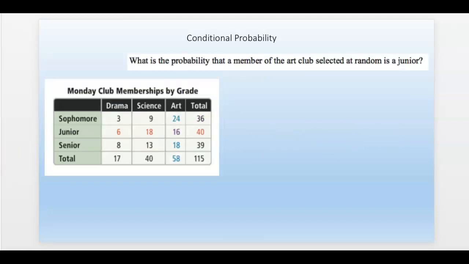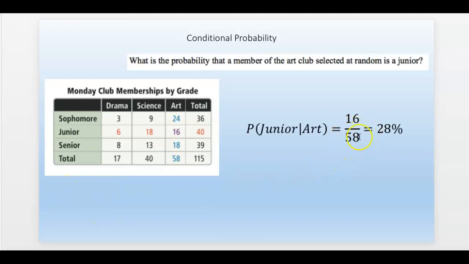All right, in the same vein, what's the probability that a member of the art club selected at random is a junior? All right, this is conditional. A member of the art club selected has to be a junior. All right, so we can look at the total in the art club. That's the 58. And of the 58, 16 of them are juniors.